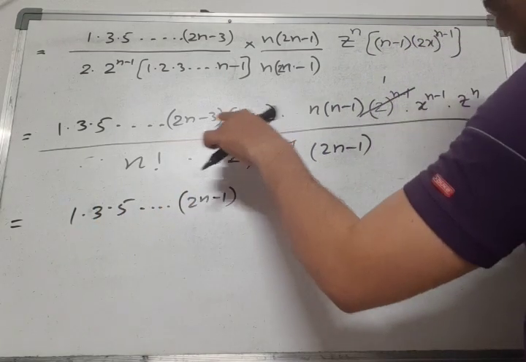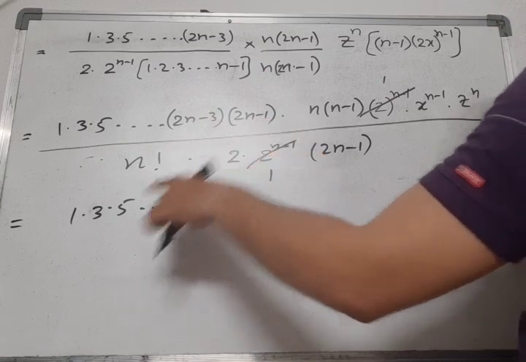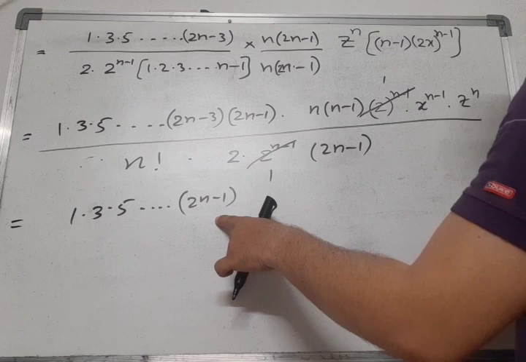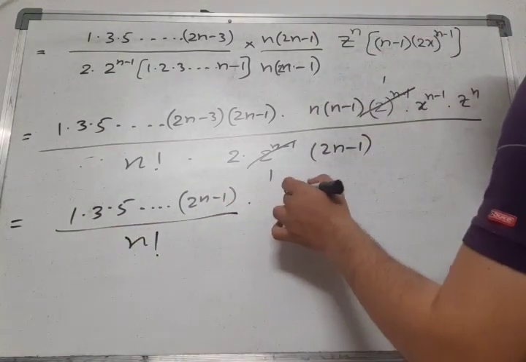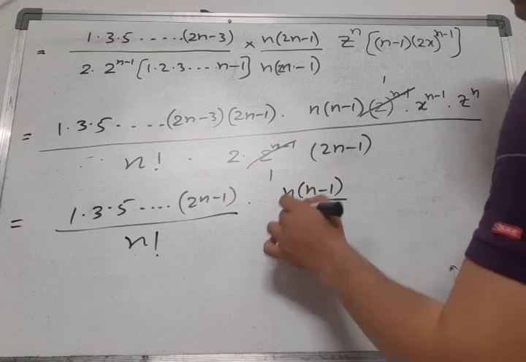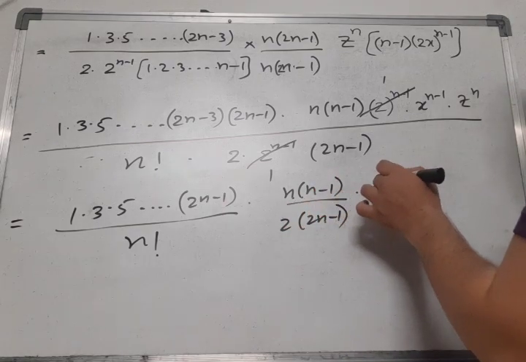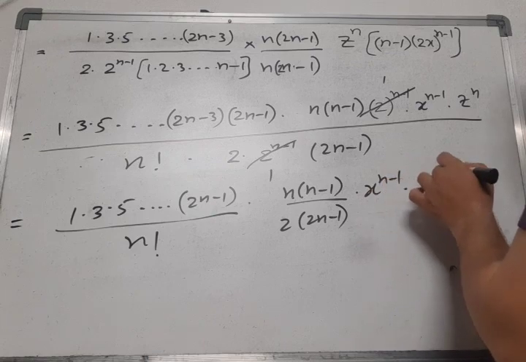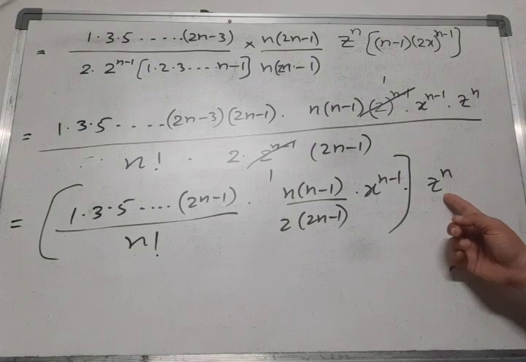This is just the term before this one. So I no need to write this one again. So directly I can write 1 into 3 into 5 and so on up to 2n minus 1 by n factorial into n into n minus 1 by 2 into 2n minus 1 into x to the power of n minus 1 into z to the power of n. So this becomes the coefficient of z to the power of n.